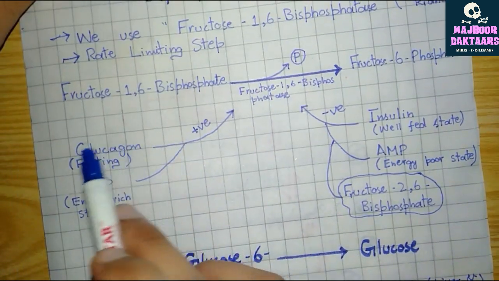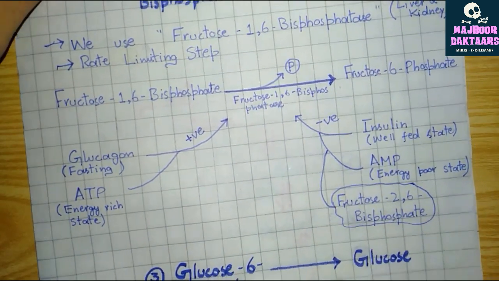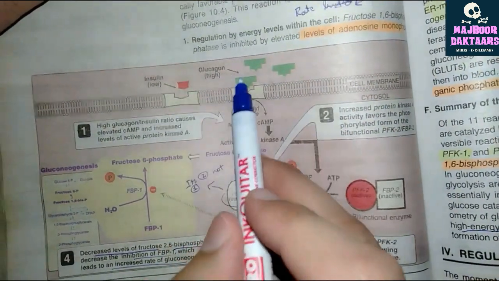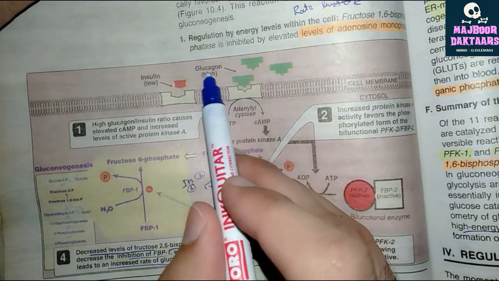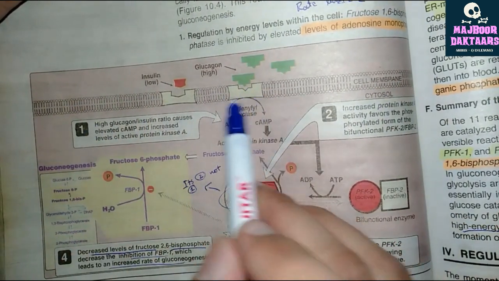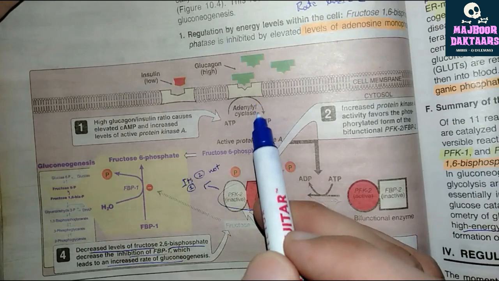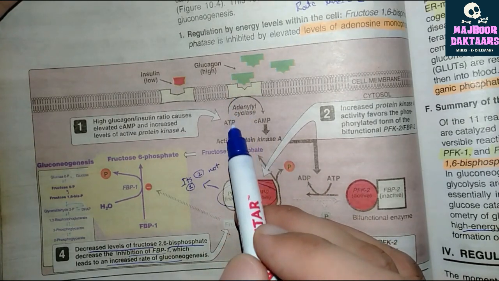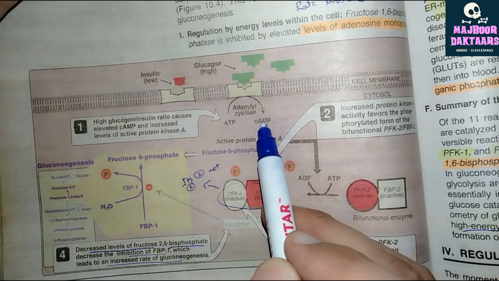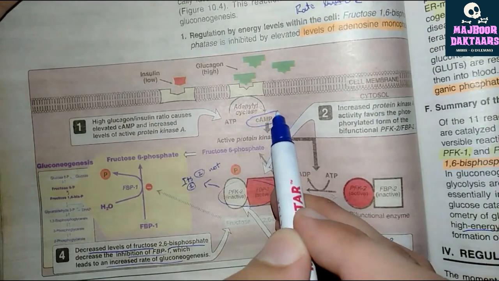Now, how do these affect the fructose 1,6-bisphosphatase? For this, I have taken a diagram from Lippincott. Now, see here. We'll start from glucagon. When the glucagon acts on the receptor over the cell membrane, it causes the activation of adenylyl cyclase, which produces the second messenger known as cyclic AMP.